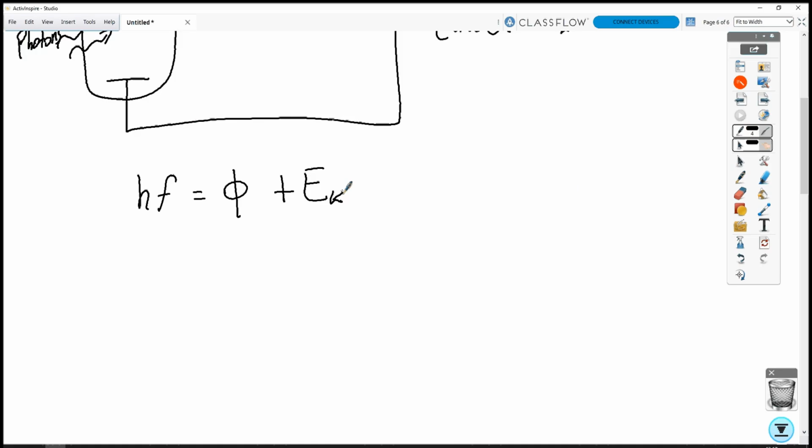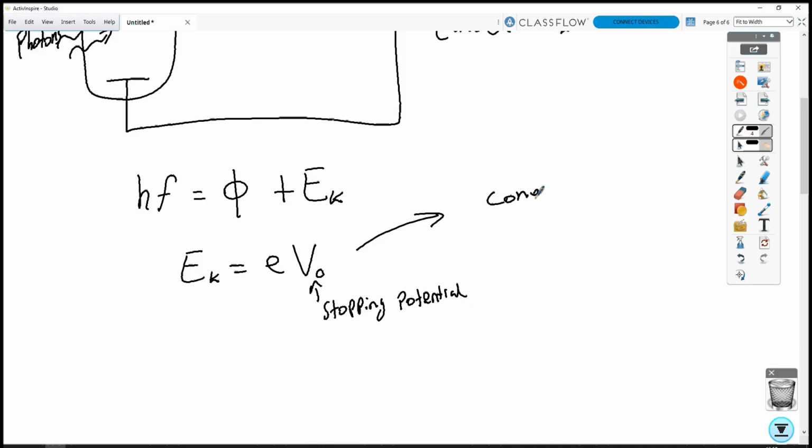So EK equals eV naught, and the stopping potential we'll call V naught. This is the stopping potential. And this comes from W equals QV. This is the electricity chapter.